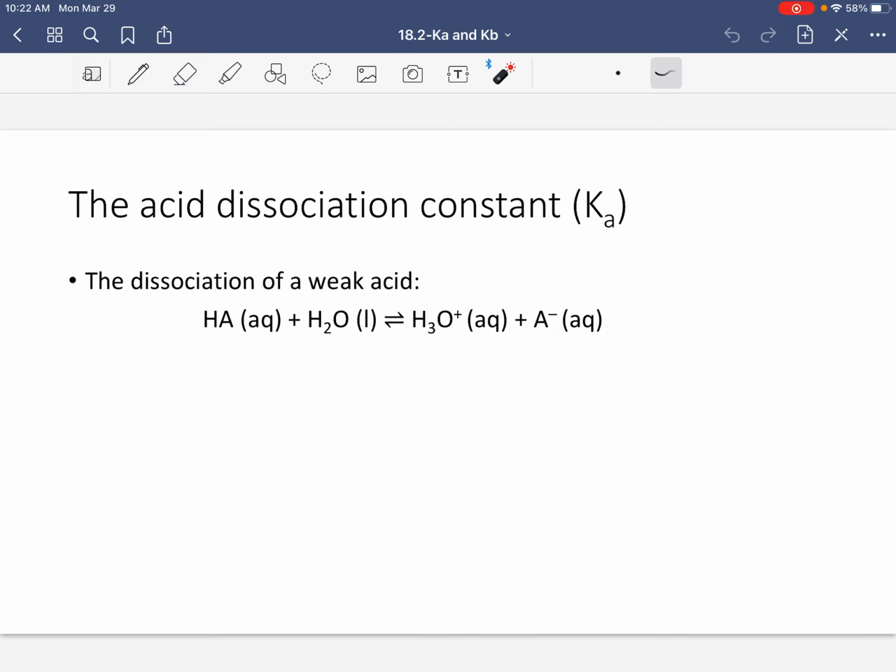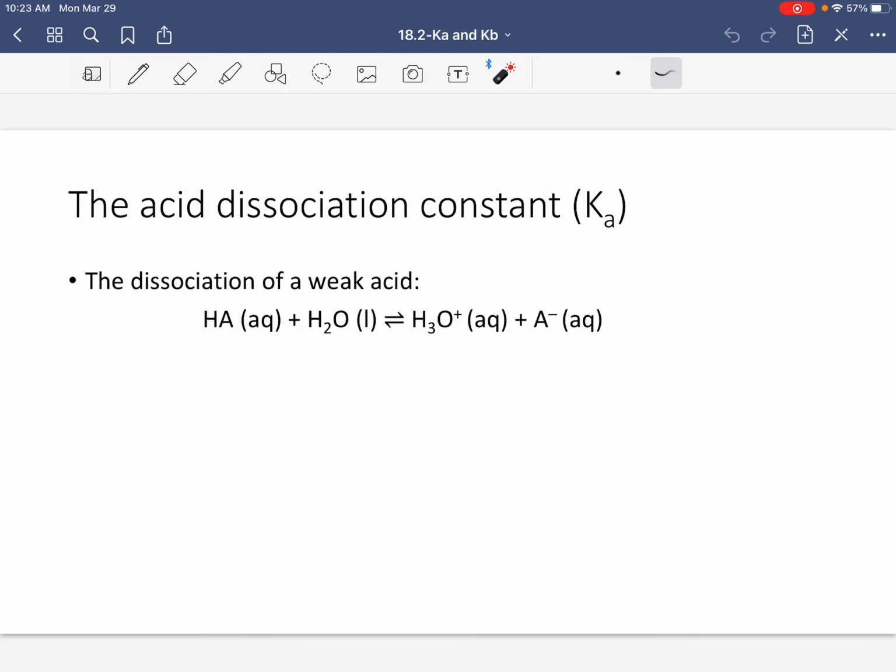We saw last class why this is the way it is, because this conjugate base is a much stronger, much more effective proton acceptor than this base. H2O is not that good in terms of accepting H's than A minus. That's why the reaction predominantly points towards the left.